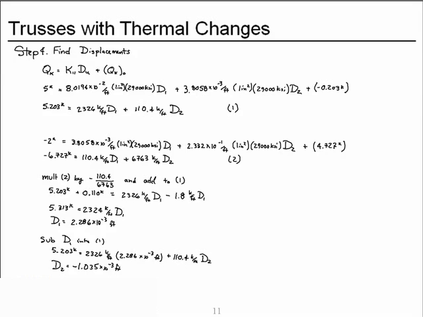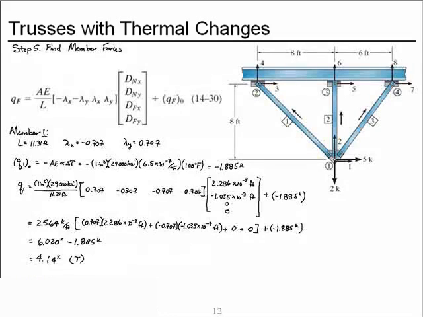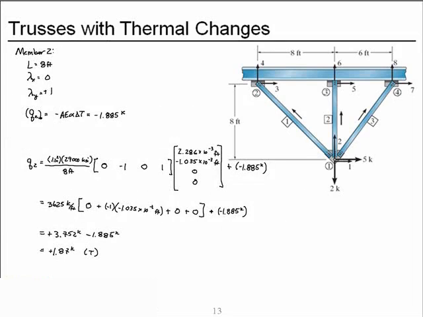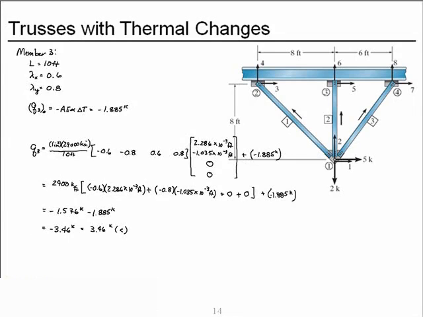And so we plugged in and found equations 1 and 2, and then solved them simultaneously for displacements 1 and 2. I then used those displacements to find the member forces, and we began with member 1, remembering that there are fixed end forces at the end of the member in local coordinates as well. We then found that member force for member 2, and then member 3.